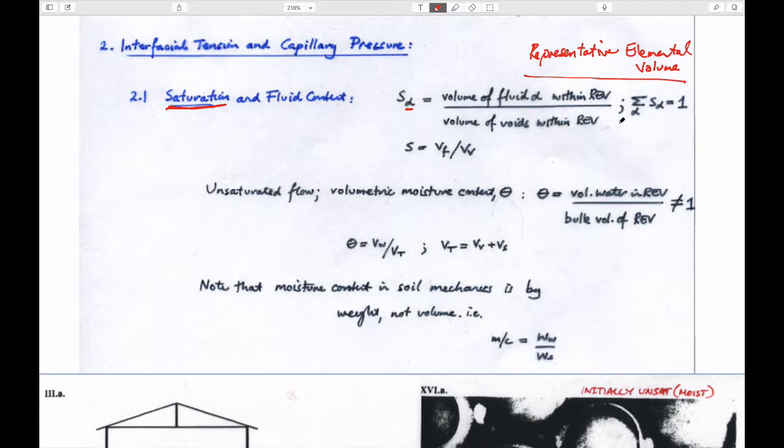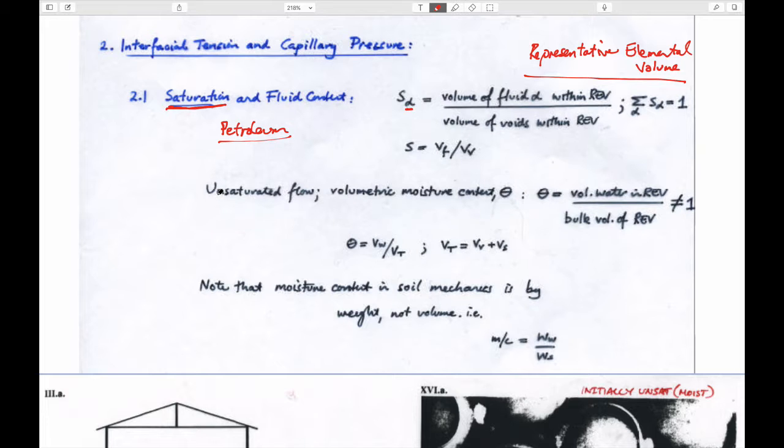We know that if we sum up all the saturations, they have to sum to 1. So if it's 50% water saturated, 25% air saturated, and 25% NAPL saturated, those all have to add up to a decimal 1 or 100%. And so that always has to be the case. We should be aware that saturation is a term that really came out of the petroleum industry.